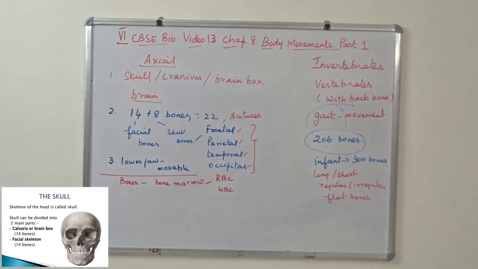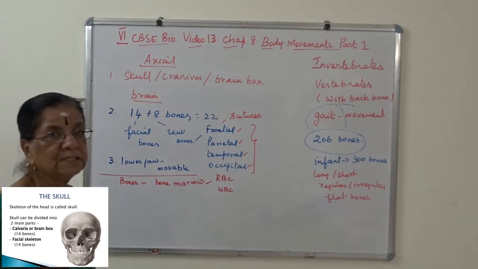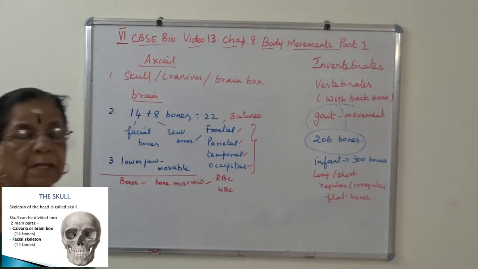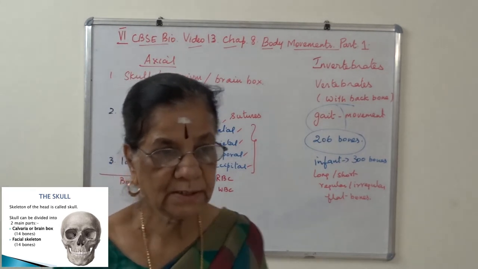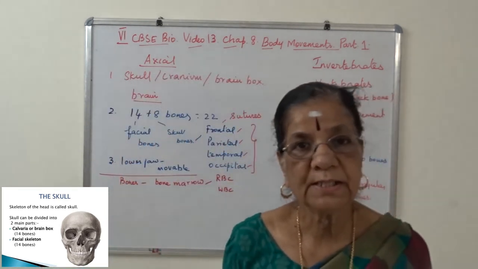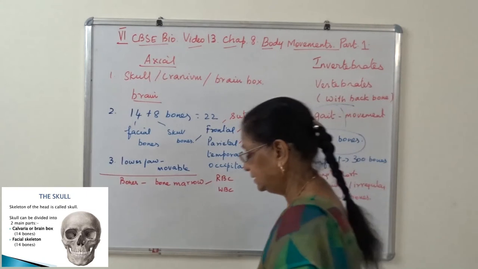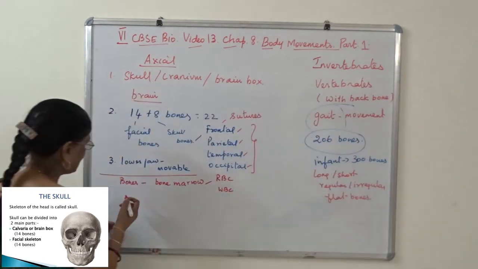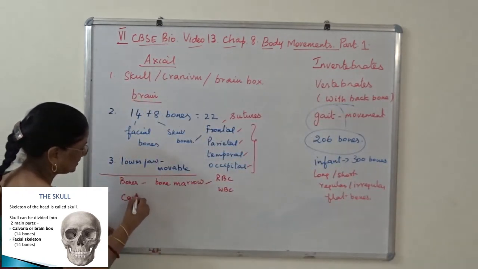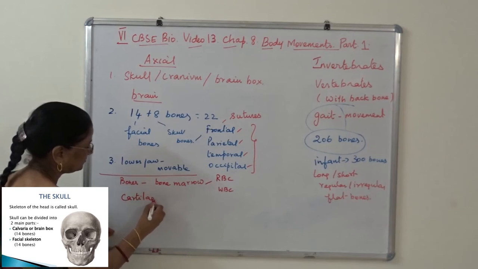Now in humans, the skeletal system is formed of bones and cartilage. All the bones are normally very hard and rigid. But in some body parts, it is called cartilage.